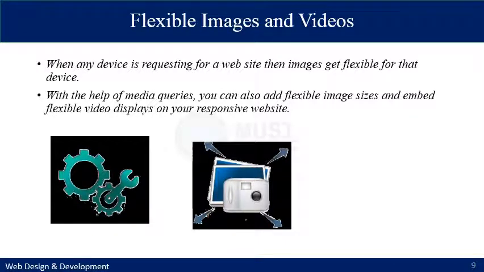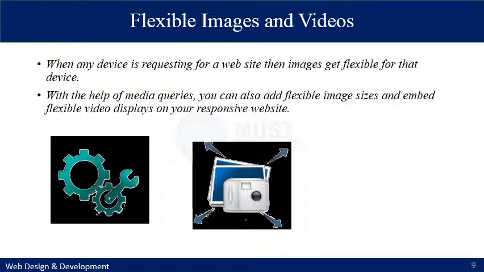Additionally, you must have flexible images and videos. When any device is requesting a website, then the images get flexible for that device. So you can apply different kinds of images to the desktop version of your application, and you can apply other kinds of images to your mobile application.